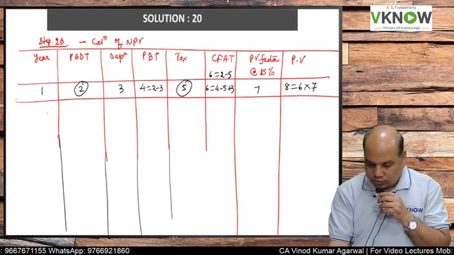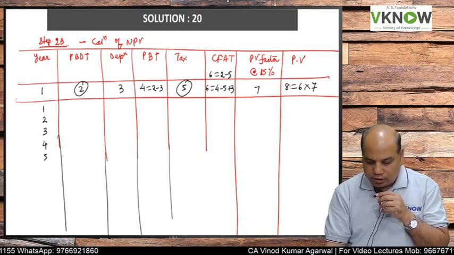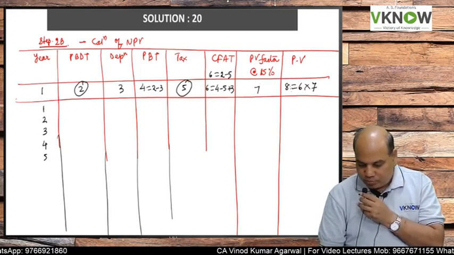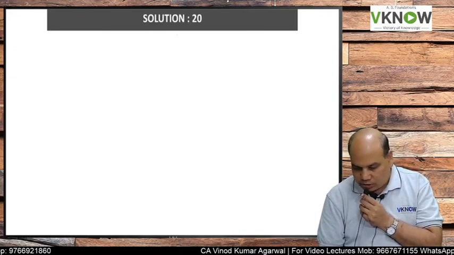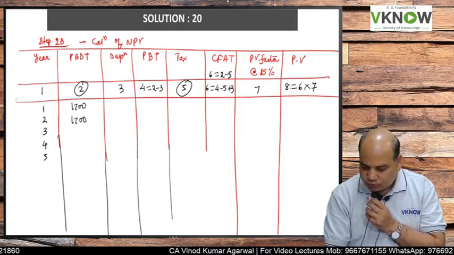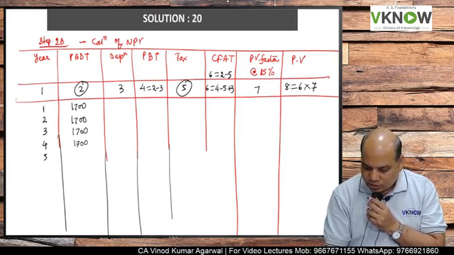So let us write down here 1, 2, 3, 4, 0 I'll write later, 1, 2, 3, 4, 5. PBDT previous step 1700. Can you see 1700? So I have solved in two formats. One the original answer and one this answer.